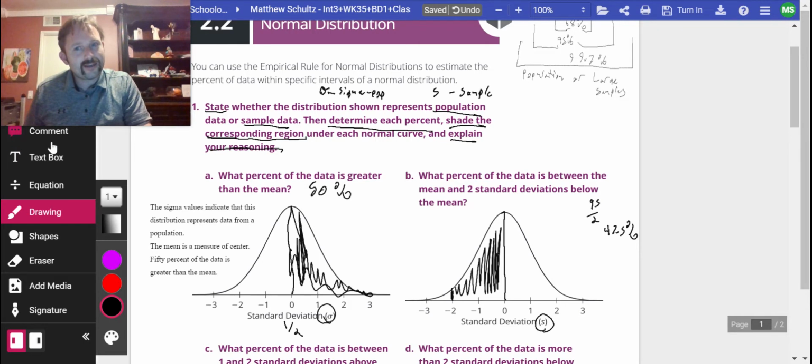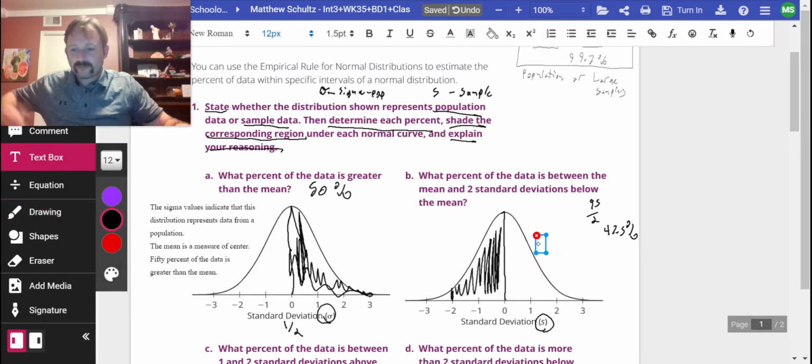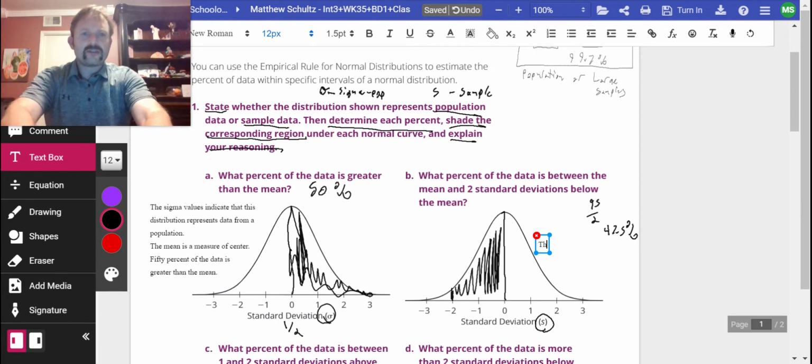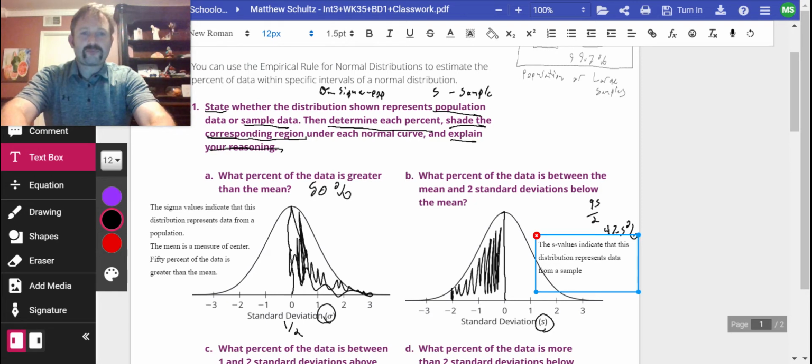So let's answer some questions. For this, the S values indicate that this distribution represents data from a sample.